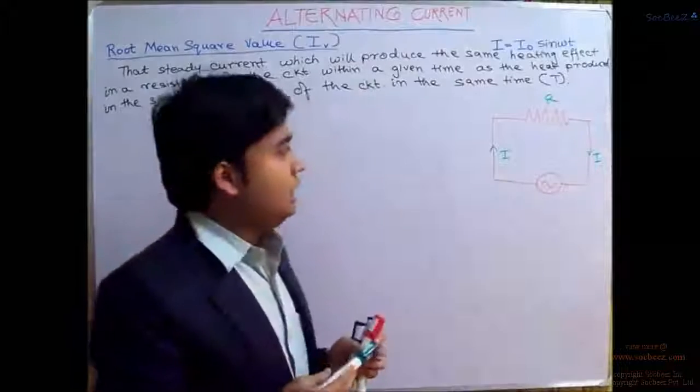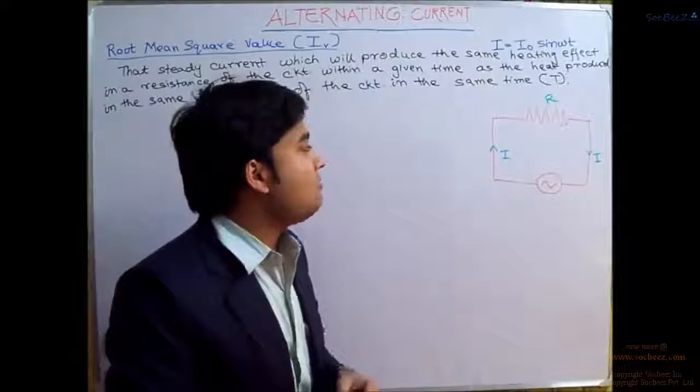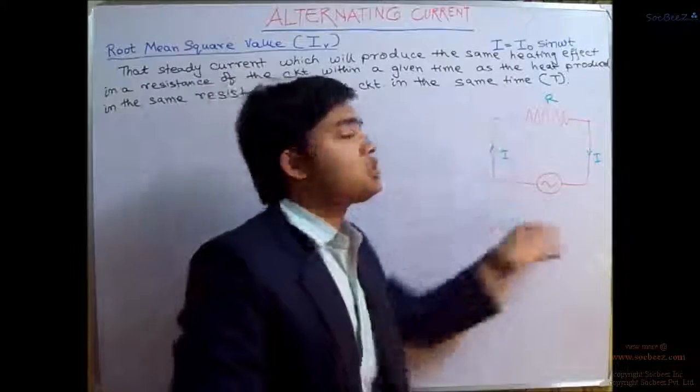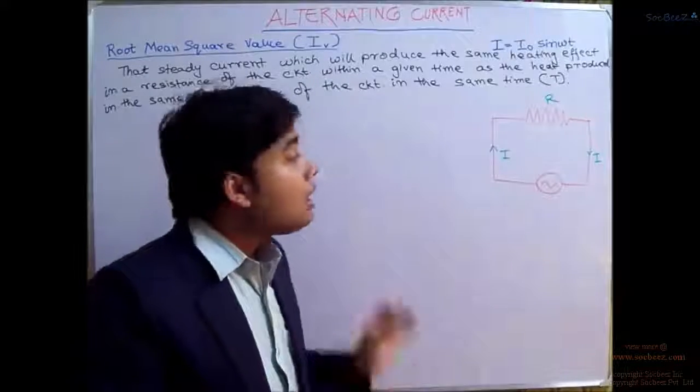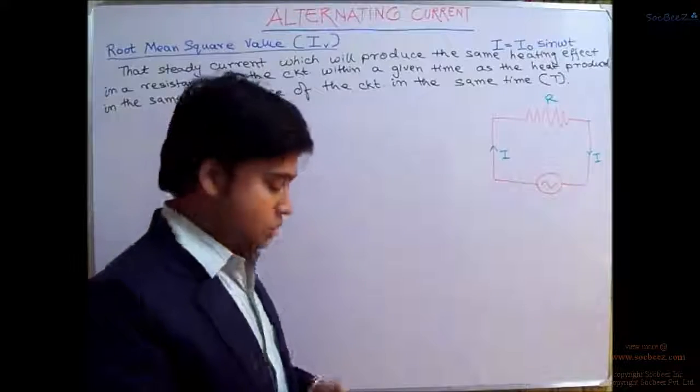So obviously, if this alternating current passes through this resistance for a certain interval of time, heat will be produced.